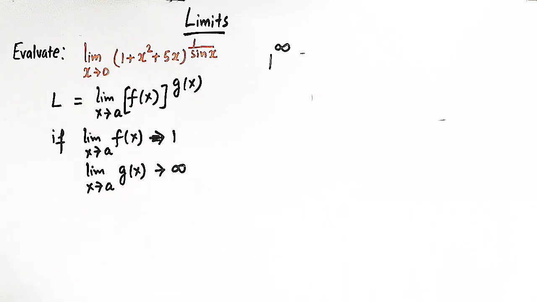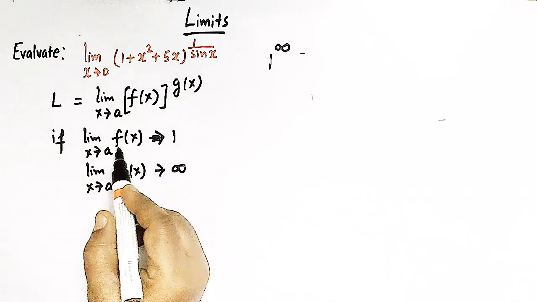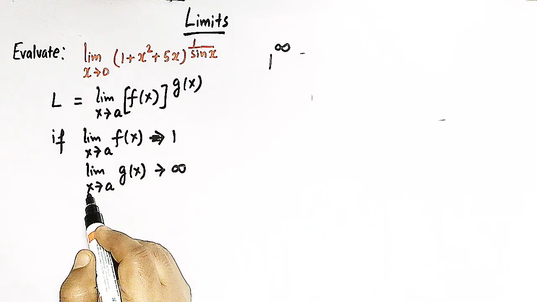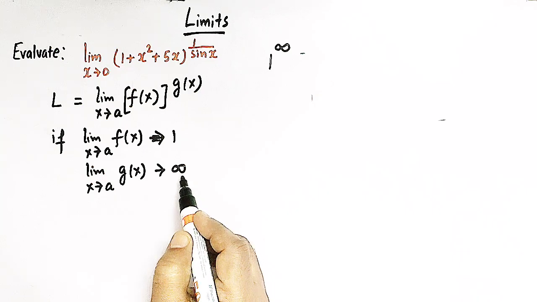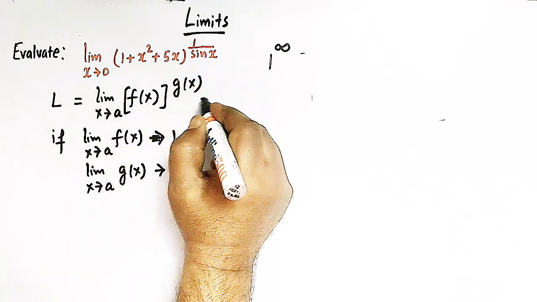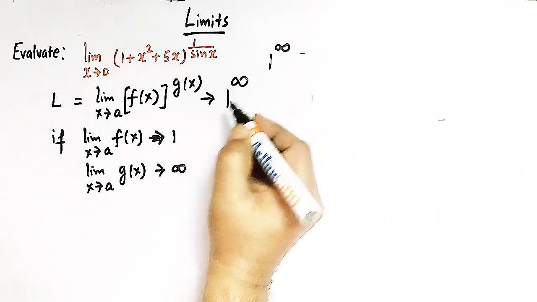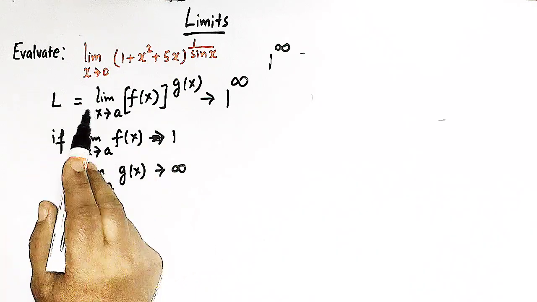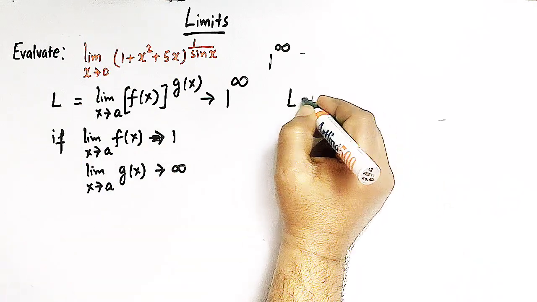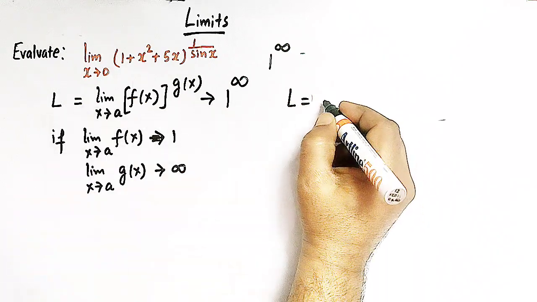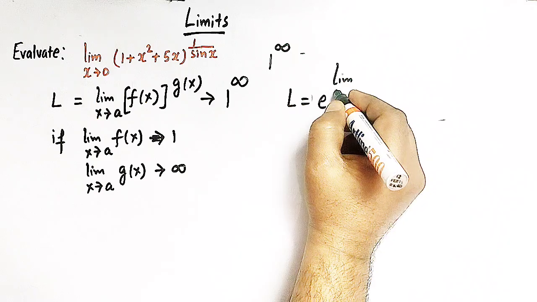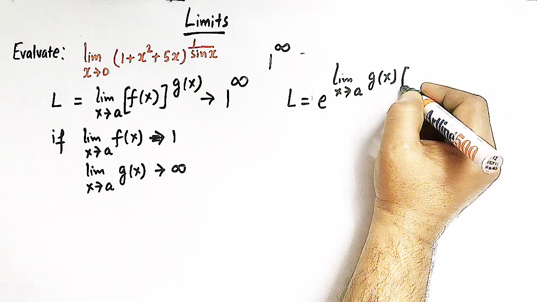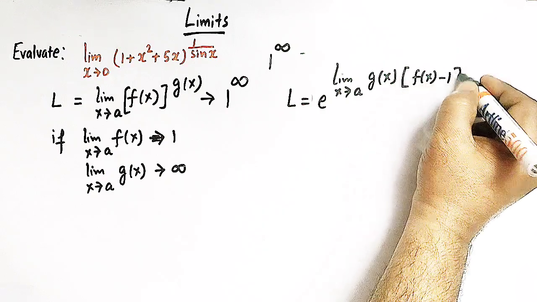to infinity, right? So when we have a limit of this form and we have the condition that limit x tends to a, f of x tends to 1, and limit x tends to a, g of x tends to infinity, that is this limit tends to the form 1 raised to infinity when x tends to a, then the value of this type of limit can be obtained by this result, that is this limit L is equal to e raised to limit x tends to a of g of x times f of x minus 1, right?